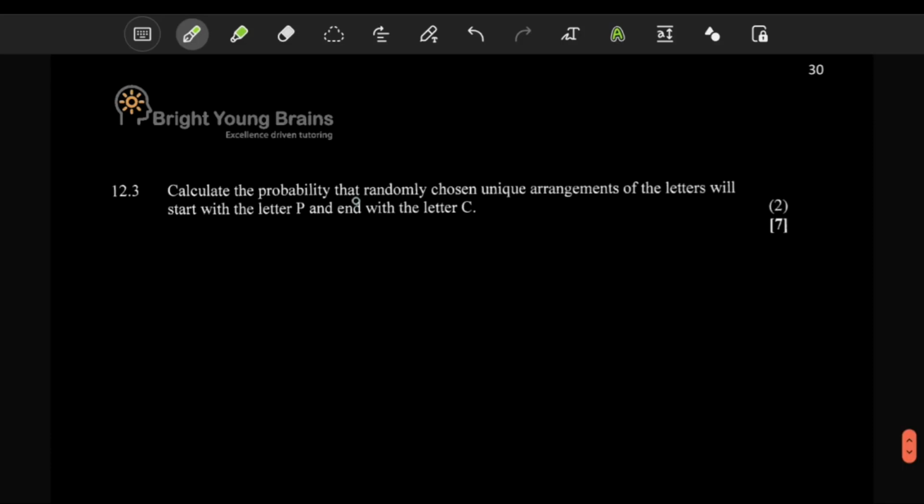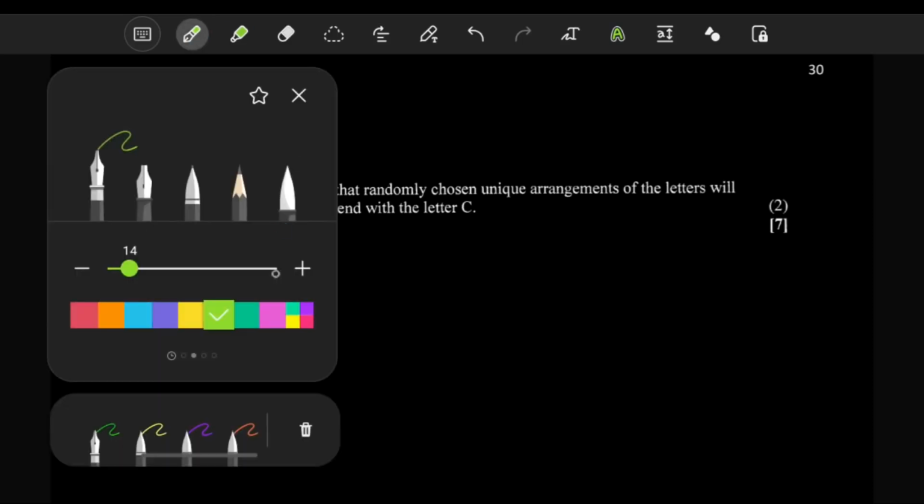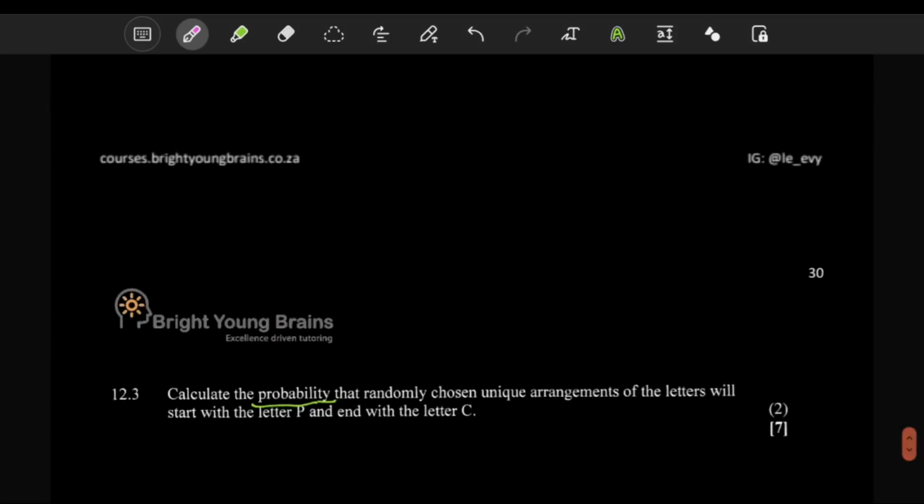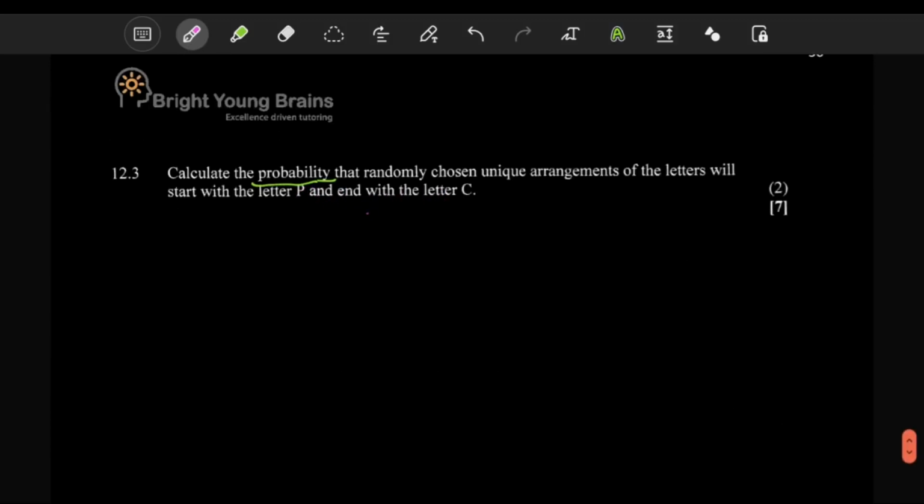12.3 says calculate the probability that the randomly chosen unique arrangement of the letters will start with P and end with C. We already know that the number of ways this can happen is 6 factorial. However, the total options without any restrictions is 8 factorial.